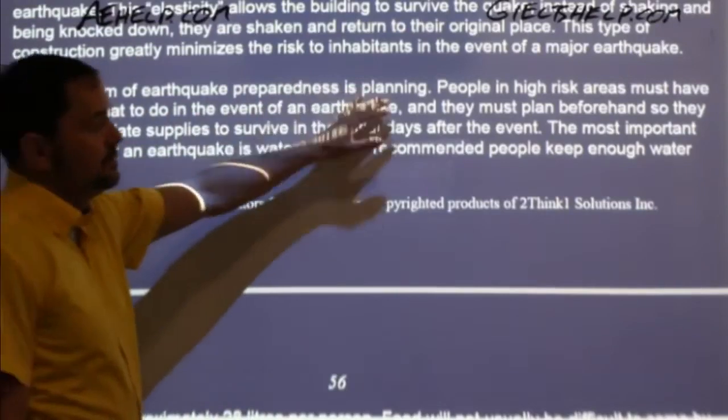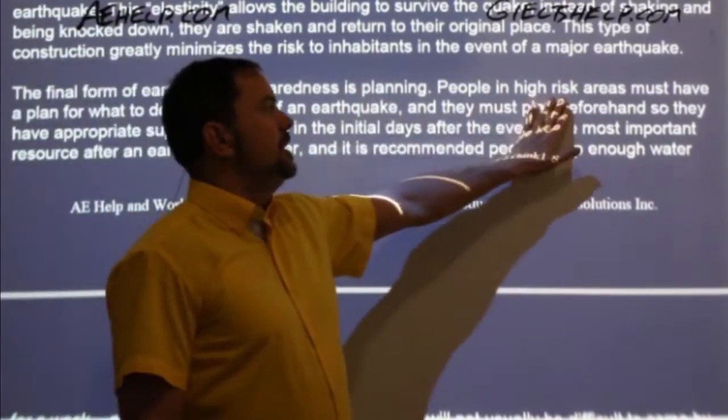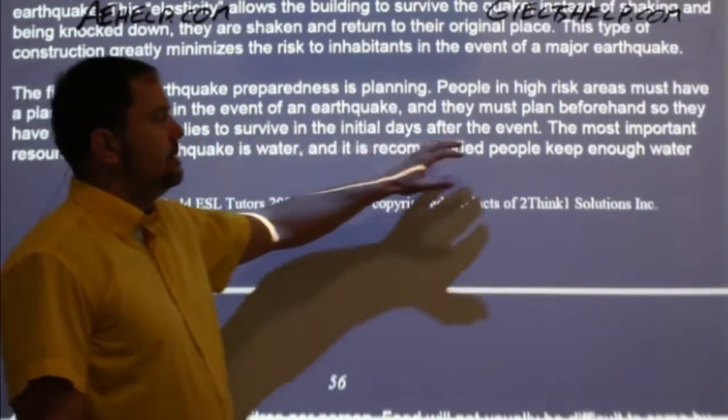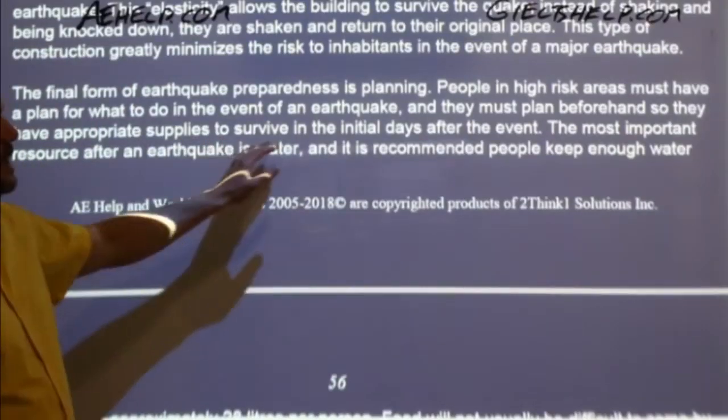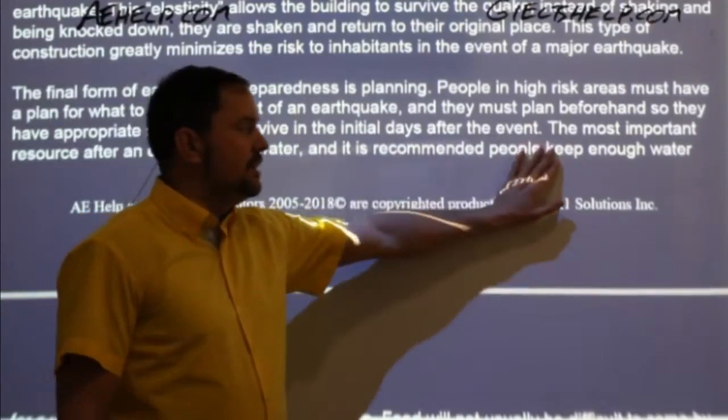The final form of earthquake preparedness is planning. People in high-risk areas must have a plan for what to do in the event of an earthquake, and they must plan beforehand so they have appropriate supplies to survive in the initial days after the event.